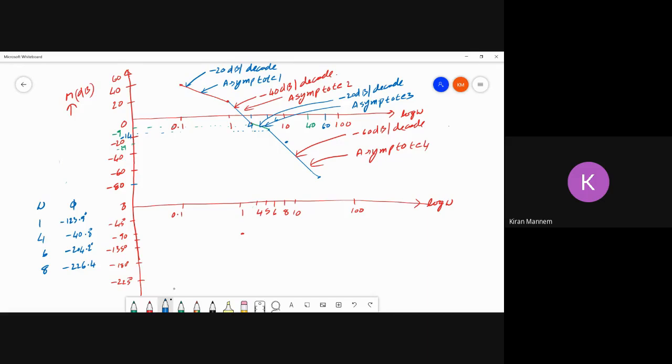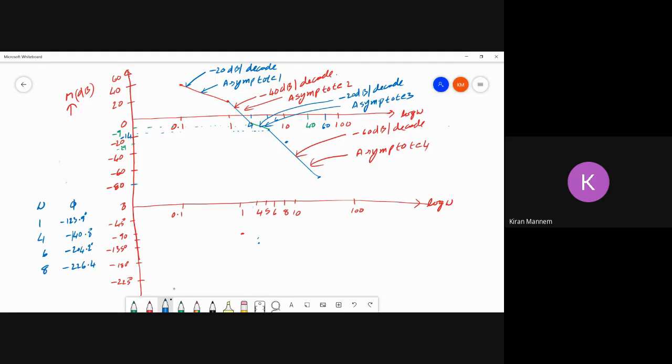Assume this is 123, and at 4 it would be 140, that is here.